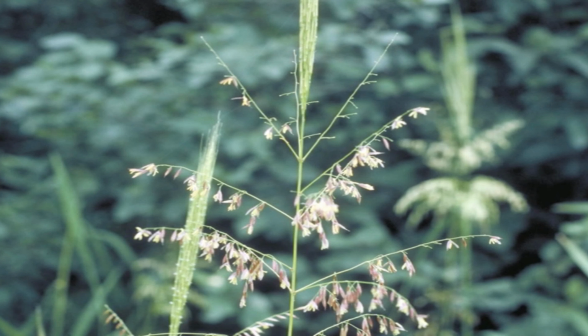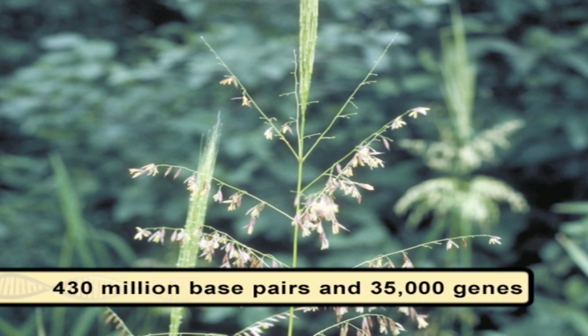The rice genome, well, we're making a real step up now, 430 million base pairs. All these sequences have come out in the last 5 or 6 years. And 35,000 genes. So we've learned a lot about the genes of rice plants, and we'll talk about that when I talk about agricultural genetics in lectures 23 and 24.